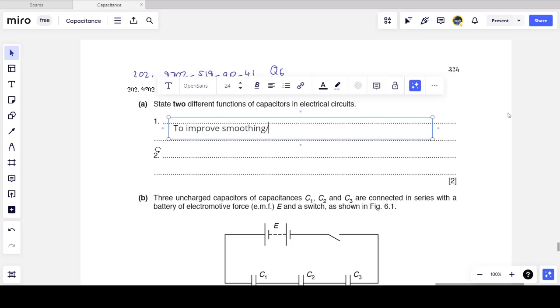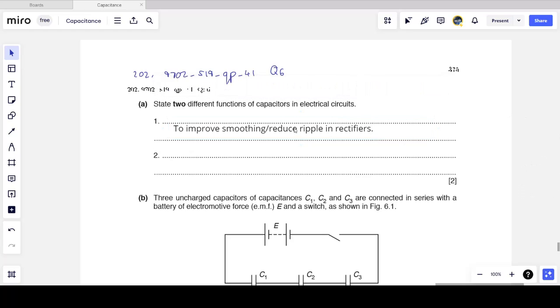Or if you don't want to say improve smoothing, you could say something more quantitative, to reduce ripple, because ripple is a measurable value. Reduce ripple in rectifiers. And so we've seen the applications of this firsthand. We've seen how capacitors can be used to smooth or to reduce the ripple in rectifiers.